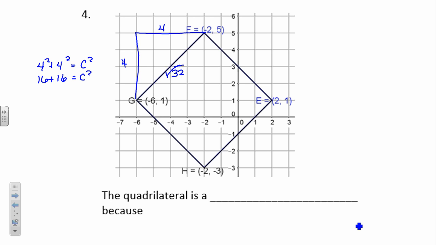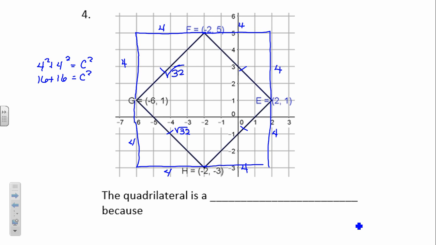So basically if you're showing me this is 4 up, 4 over, right? Definitely going to be the same, 4 over, 4 up. There's no way that we're going to get anything else but square root of 32 all the way around, right? Because you're showing me that these have to be congruent.